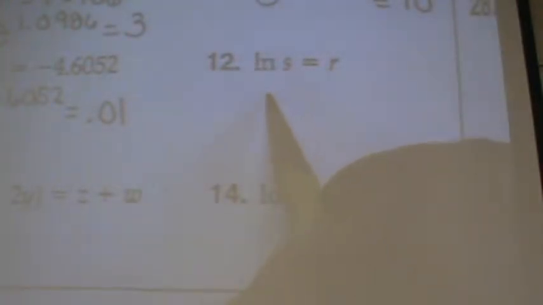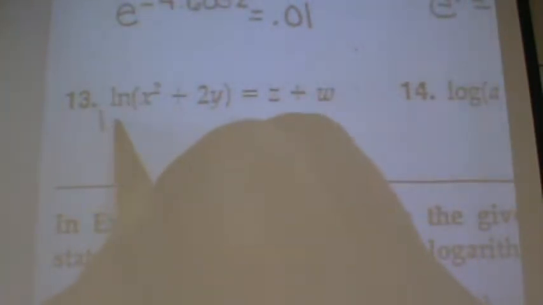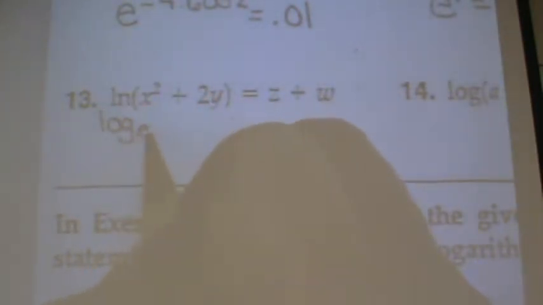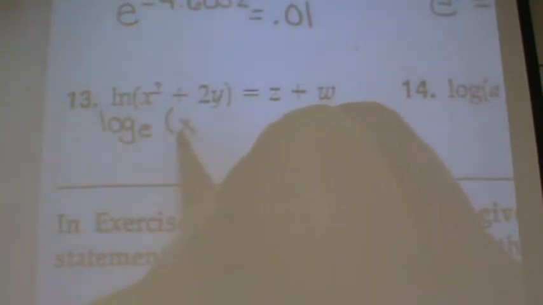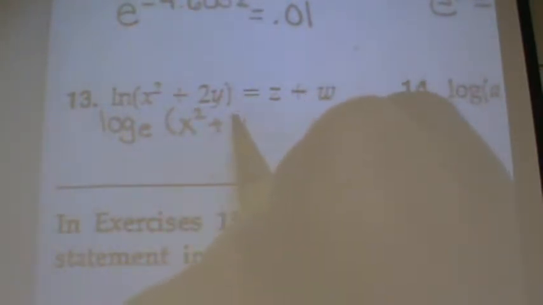Number 12, ln base E, so it'd be E to the R power is equal to S. Number 13, again, it's ln base E. So it's log base E. So here's this problem written with base E involved.